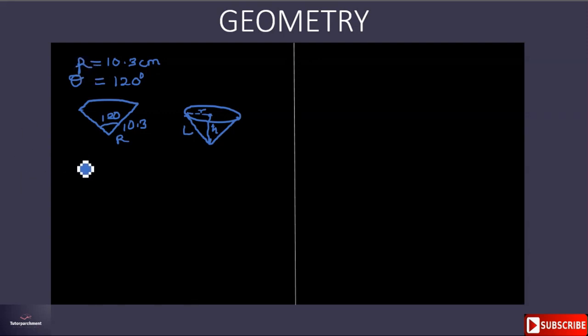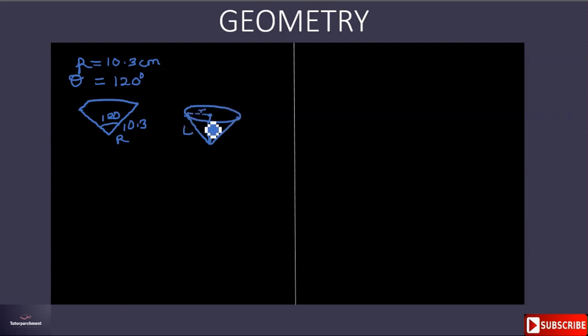With these, you can see that this is the arc length of this sector. The arc length of this sector forms the base surface of the cone, which is the same as the circumference of what you see here. Are you getting it now? This is like a circle.